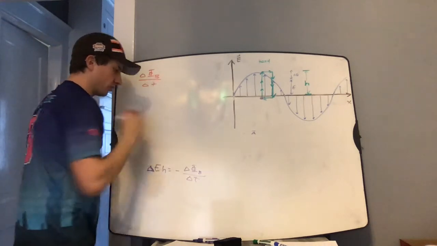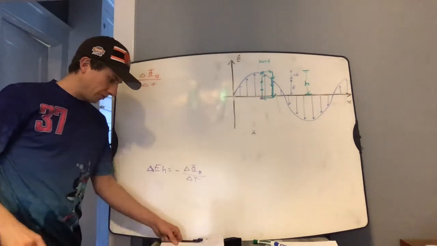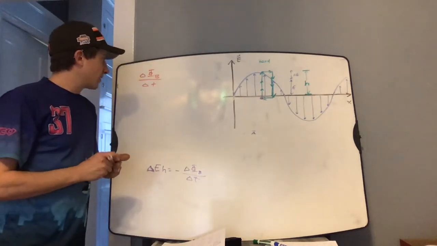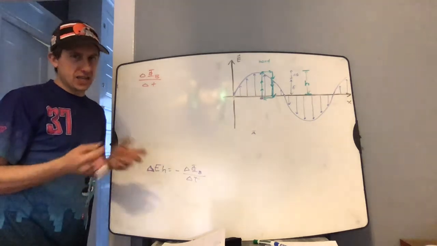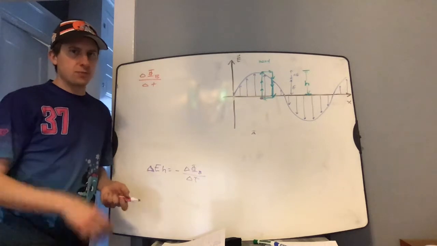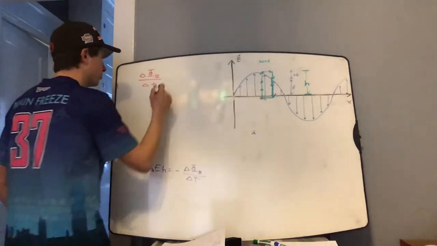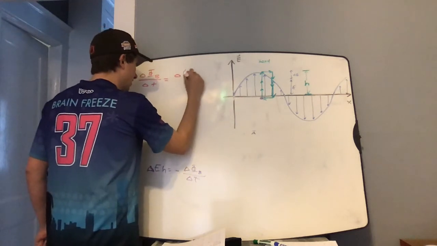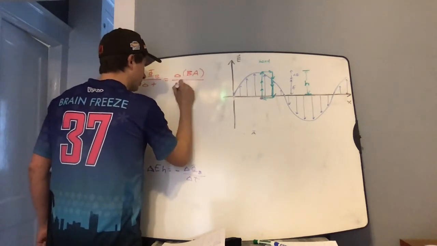What's happening with this term? Well, what is magnetic flux? In this problem, magnetic flux is going to be B times A. A is the area of the path I walk around. B is the strength of the magnetic field. So this is going to be delta BA delta t.